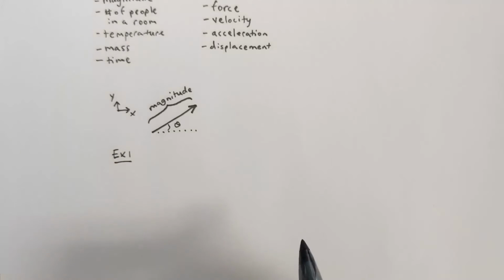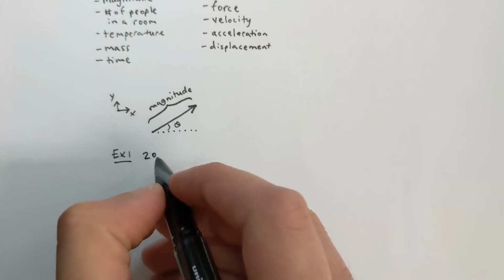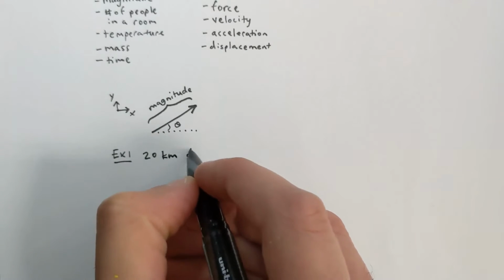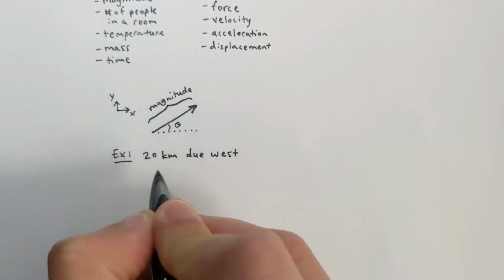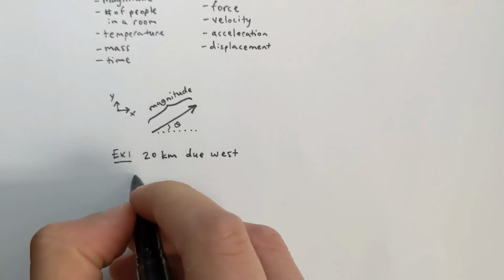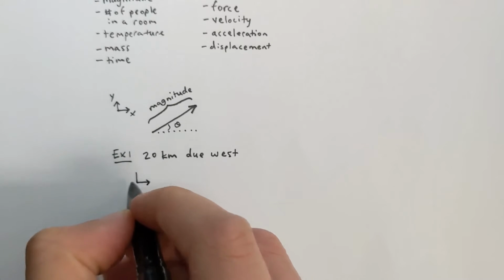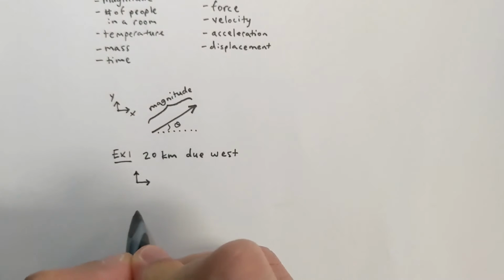Okay, the first example that I want to look at is the vector 20 kilometers due west. So first things first, let's go ahead and write down the coordinate reference frame on our paper.